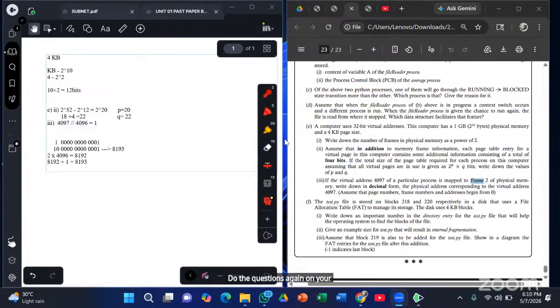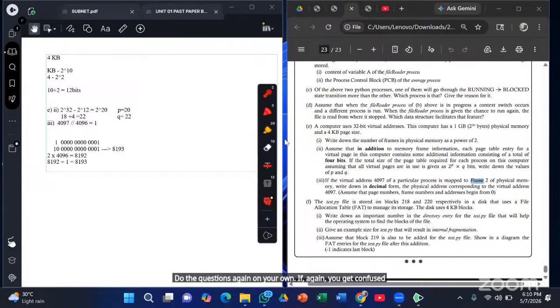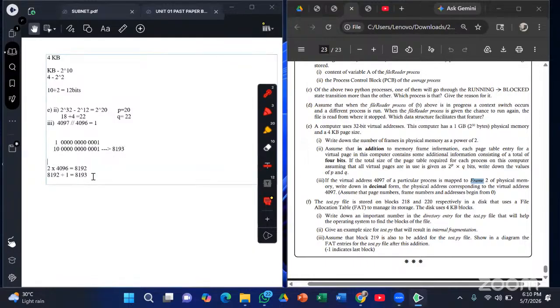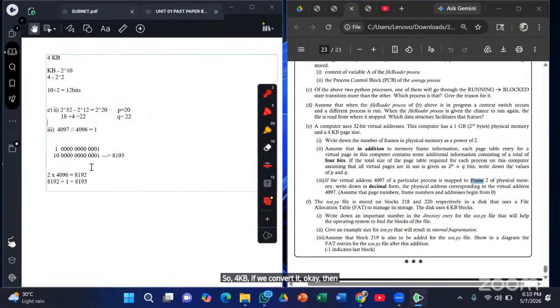If again you get confused, you can drop me a WhatsApp message, I'll clear it. Clear, right? So 4 KB, if we convert it, the conversion is the whole thing about this lesson.